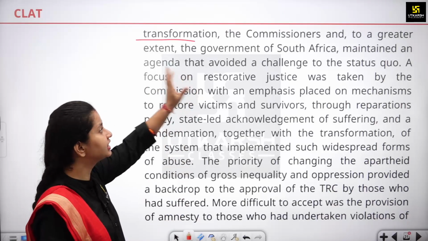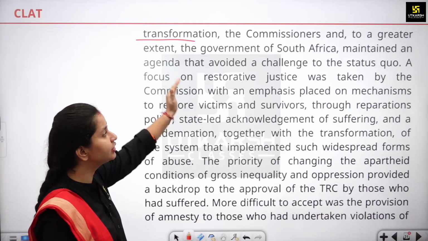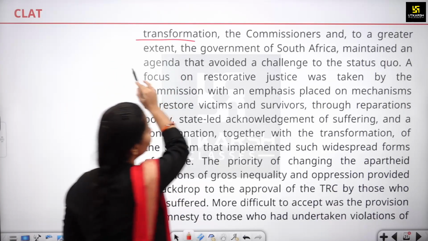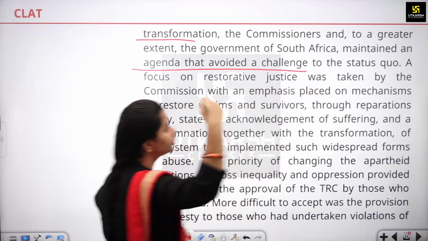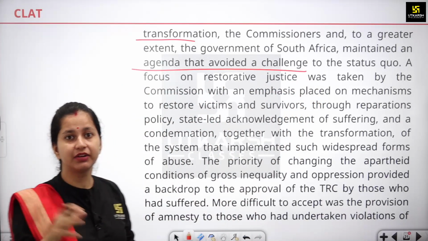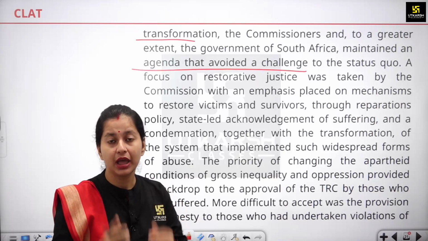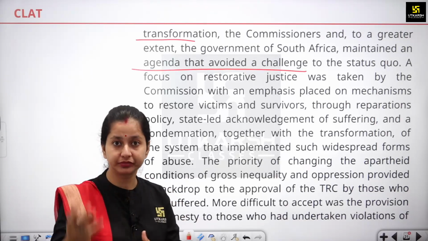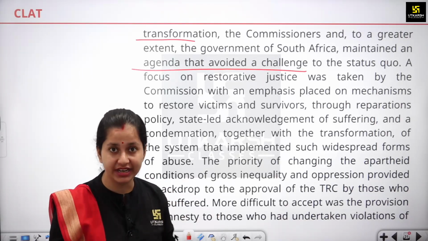The commissioners, and to a greater extent the government of South Africa, maintained an agenda that avoided a challenge to the status quo. It means they were not actually ready to challenge what was prevailing.